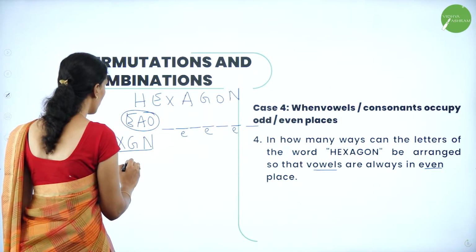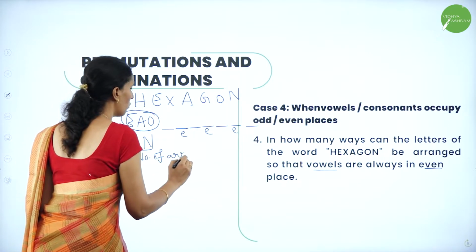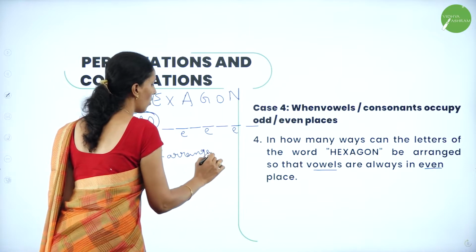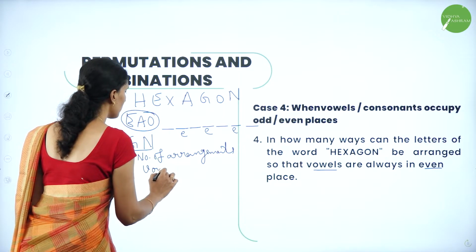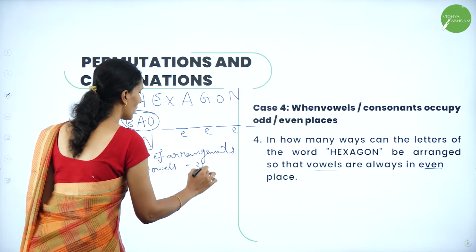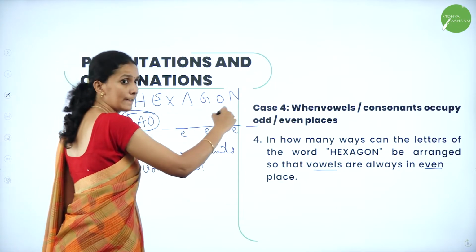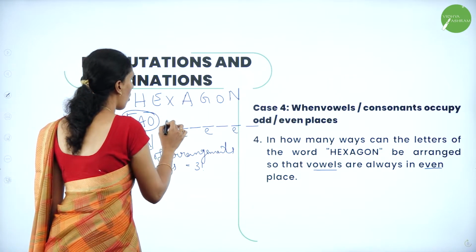So therefore, the number of ways of arranging vowels is equal to 3 factorial. Why? Because 3 different letters in 3 different places, 3 factorial. Now, this is for odd.